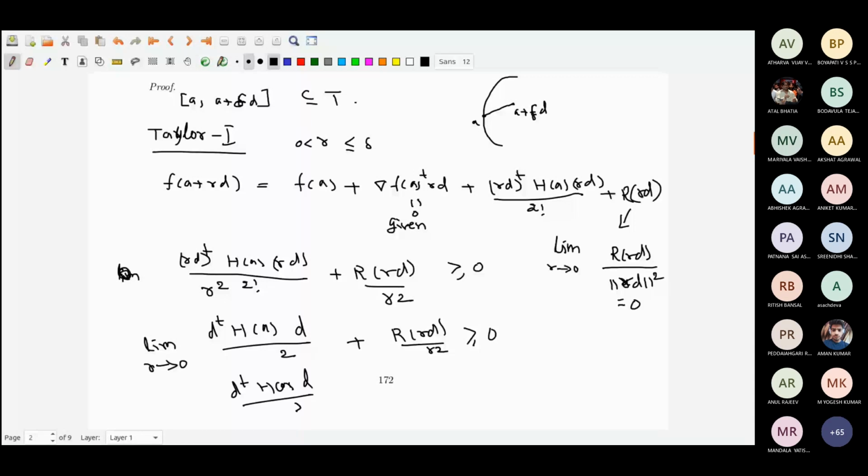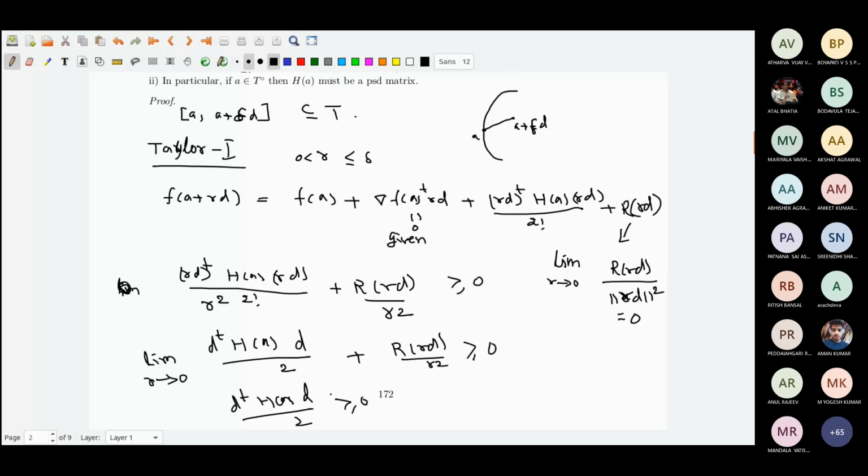If you have a sequence of numbers where every term is greater than or equal to 0 and its limit exists, then the limit itself will be greater than or equal to 0. Here the limit is D transpose H(A) D by 2. So that's how the first item is proved.